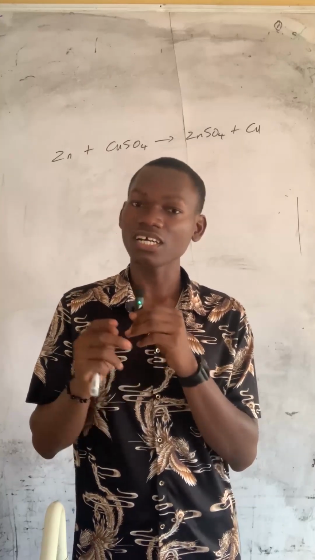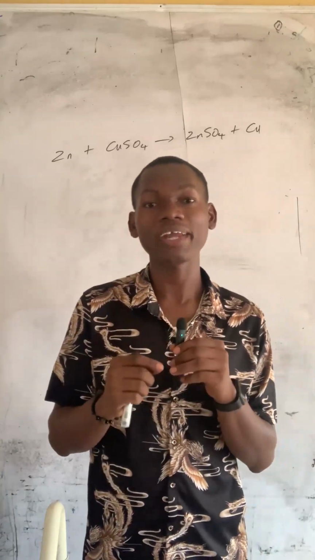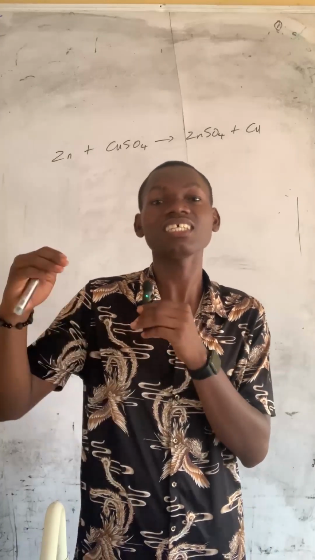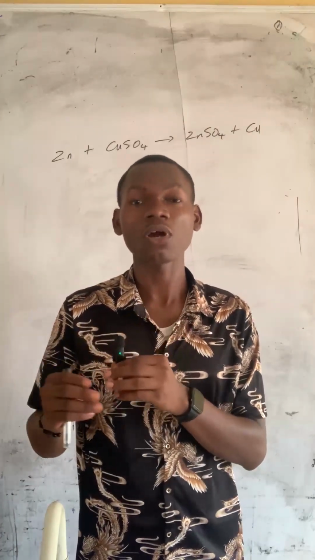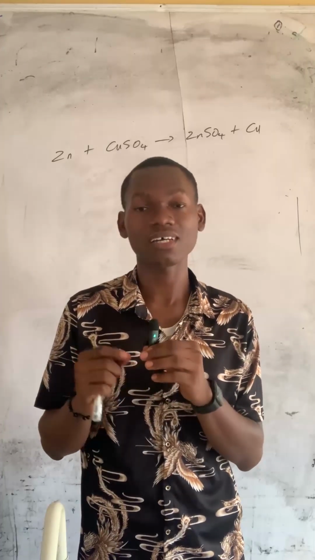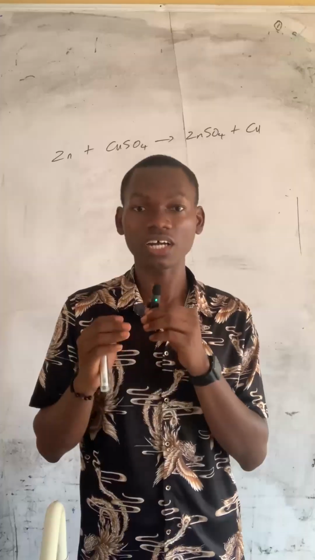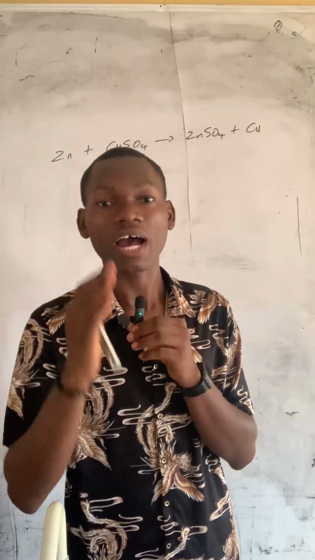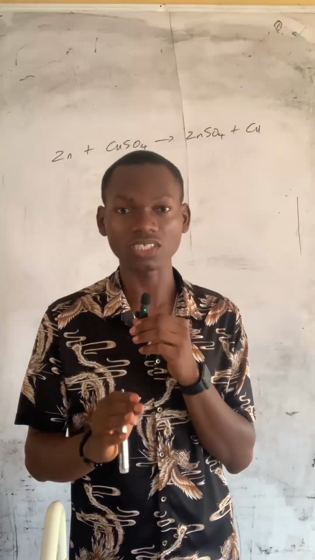And lastly, redox can be defined in terms of oxidation number. When a substance increases its oxidation number, we call that oxidation. But when a substance or a metal reduces its oxidation number, it is called reduction. So redox can be defined in terms of hydrogen and oxygen, in terms of electron, and in terms of oxidation number.